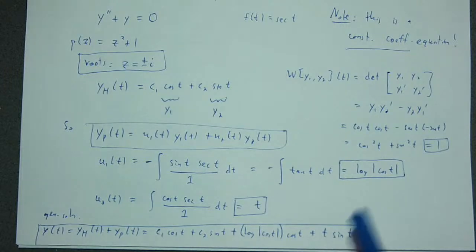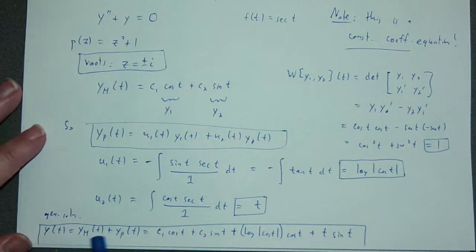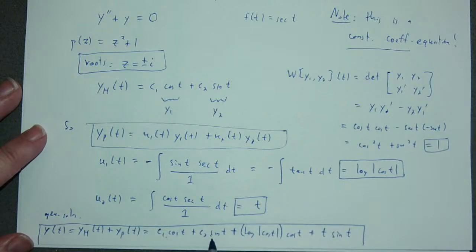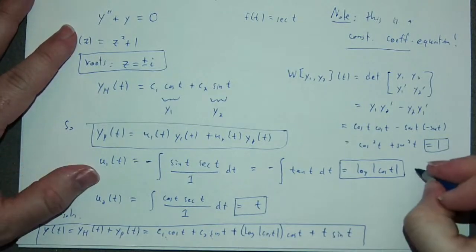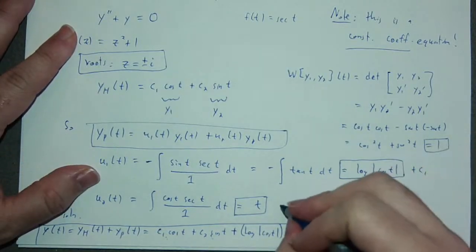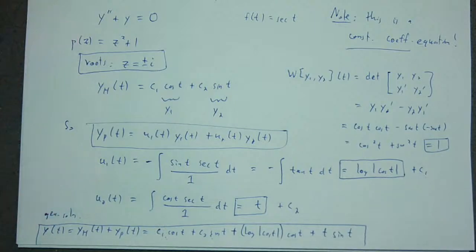Now, I mentioned something about these constants of integration and me just ignoring them here. How can I do that? Well, it's because I was writing the general solution this way. It turns out those constants of integration show up here as the c1, c2. What do I mean by that? So what I could do here is actually include the constants of integration.